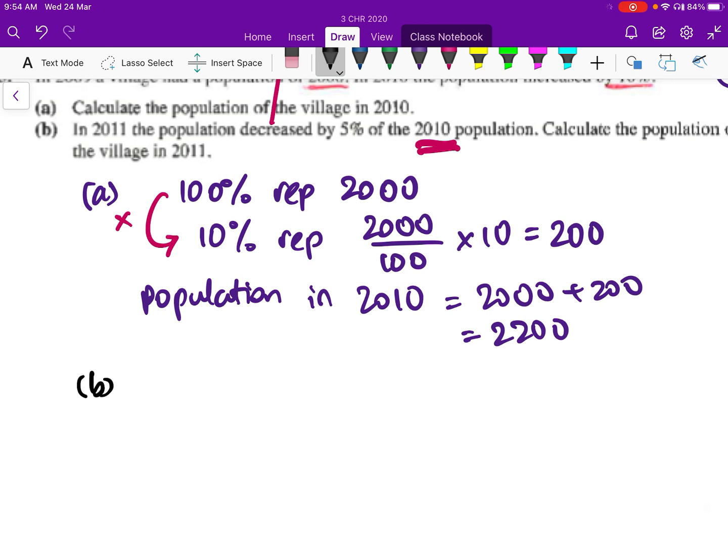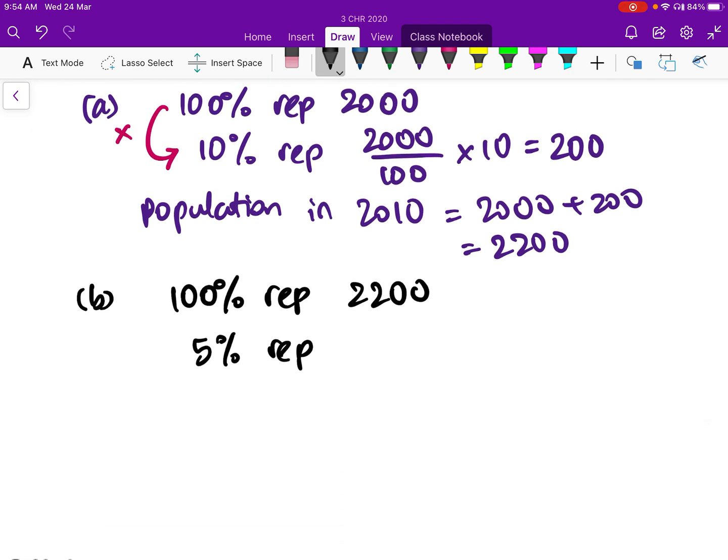So part B, decreased by 5%. Okay, so what is our 100%? 100% represents the number of people in 2010, 2200. Then since there's a decrease by 5%, we want to find out how much it dropped. Or if you want to do it in one step, it will just be 95% represents how much, and you get the answer straight away. But if you cannot think that way, you just want to find the number that reduced by, then later you subtract also can. So same working, divide, times.